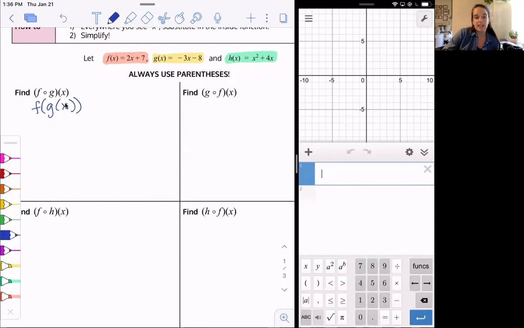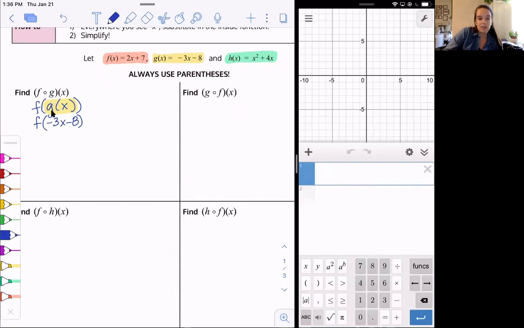And then since it has an X there, there's nothing for me to substitute in. So I'm going to go out just a little bit and I'm going to say, okay, what is the G of X equation? The G of X equation is negative 3x minus 8. So I'm going to write F of negative 3x minus 8.